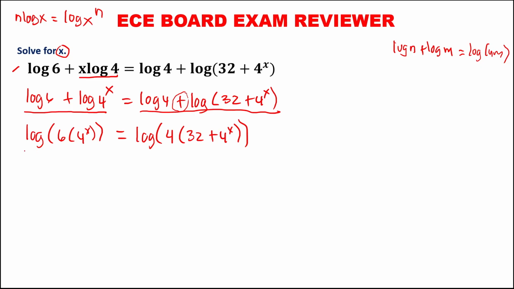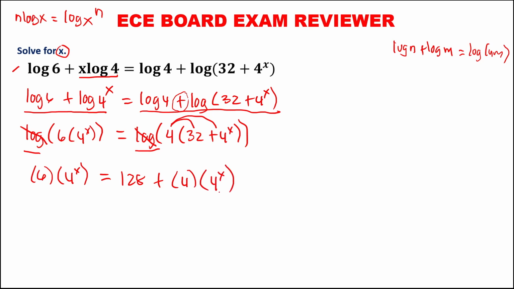Then observe that on both sides we have log, so we can cancel. So we have now 6 times 4 to the power x equals, multiply this, 4 times 32, this is equal to 128, plus 4 times 4 to the power x.